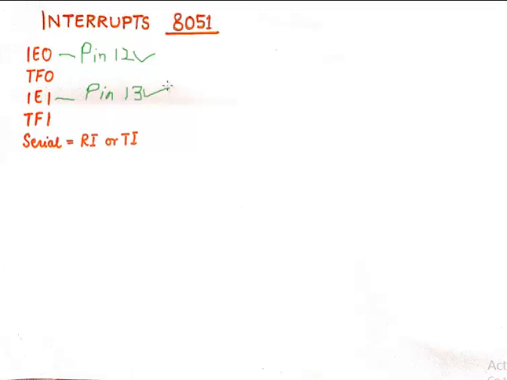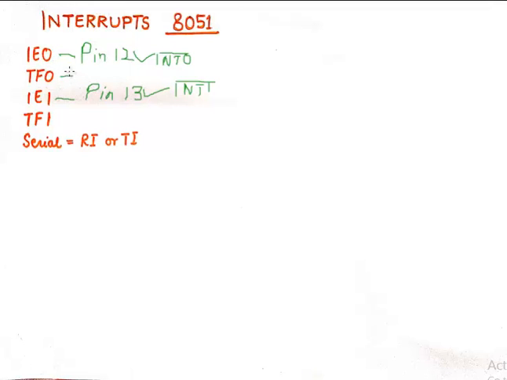You could check out the pin diagram again to verify that at these two pins, where you'll find INT 0 and INT 1, the external interrupts, there is a bar on top of it. So that goes to show that these are active low interrupts.